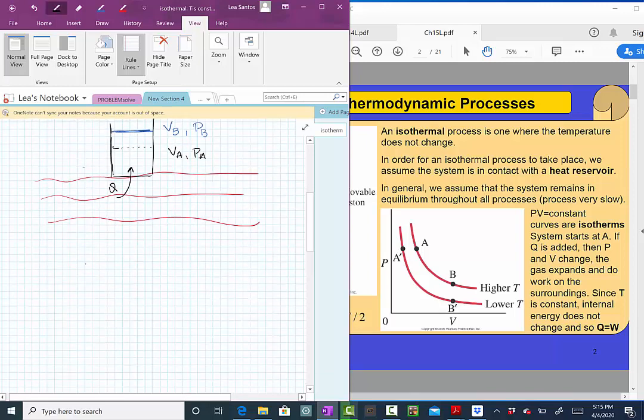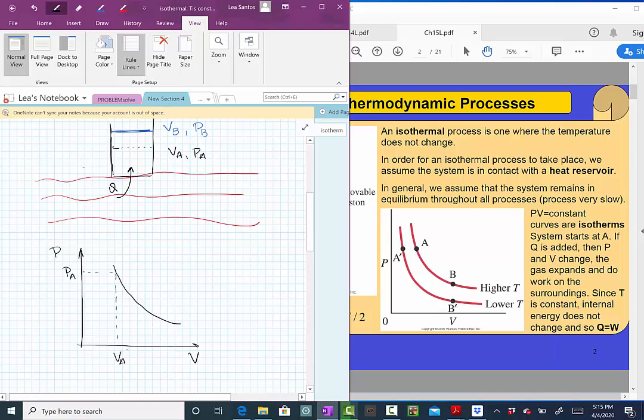And I can make a plot of pressure versus volume. For this isothermal process, if I make a plot of pressure versus volume, I would have something like this. I started at this pressure PA, and we had this volume VA.